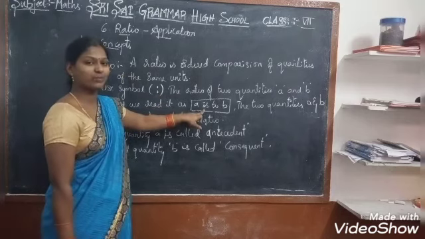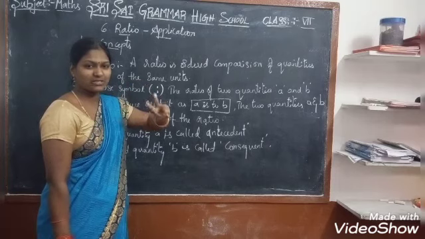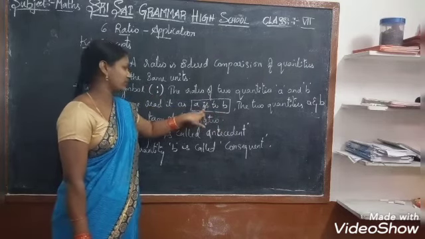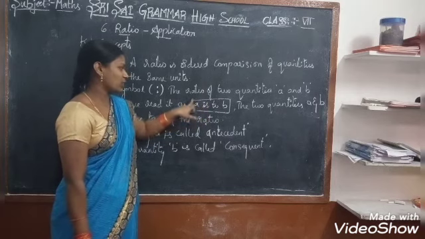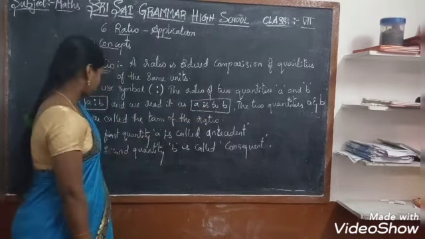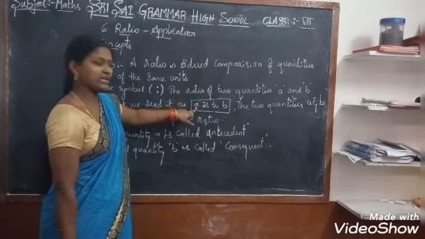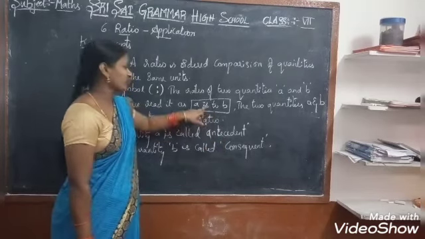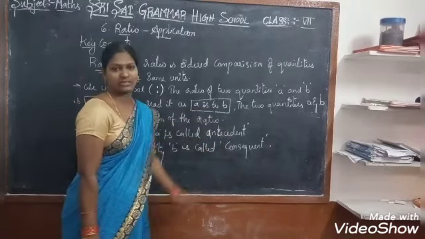Here we compare the quantities A and B. A is the first quantity, called the antecedent, and B is the second quantity, called the consequent.